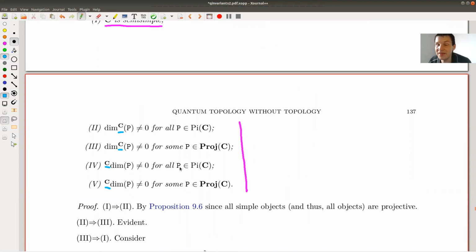Those can give you different numbers, but there is no conceptual difference between left and right, so you can ignore that. And the difference between those two statements and those two statements is just that one of them is stated for all projective indecomposables, and the other one is stated for all projectives. There's just no difference. If you know it on projective indecomposables, you know it on all projectives by additivity. And if you know it on all projectives, you know it on all projective indecomposables, of course.